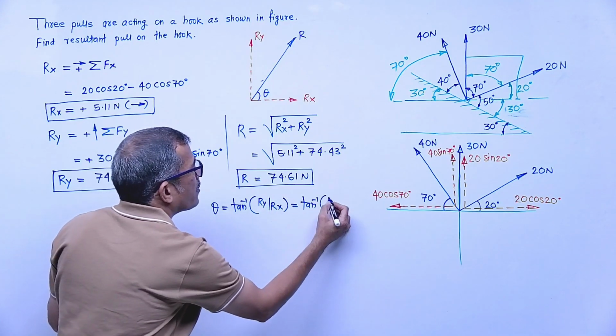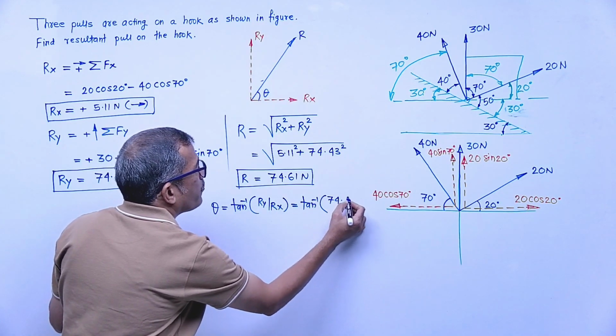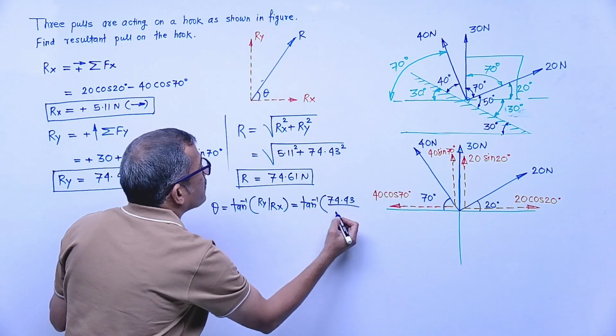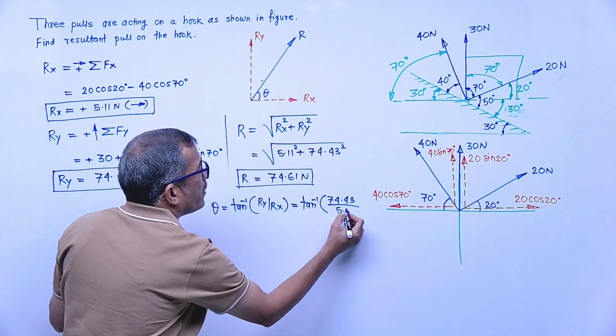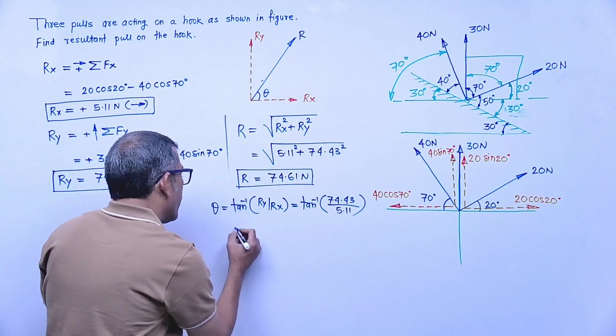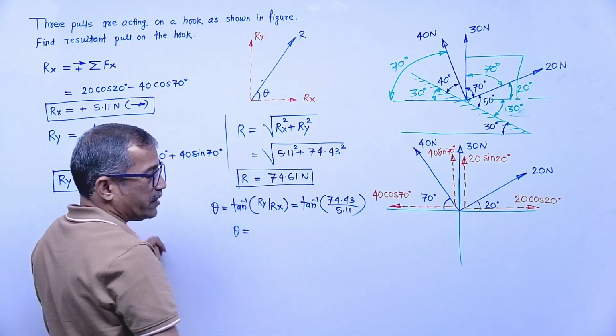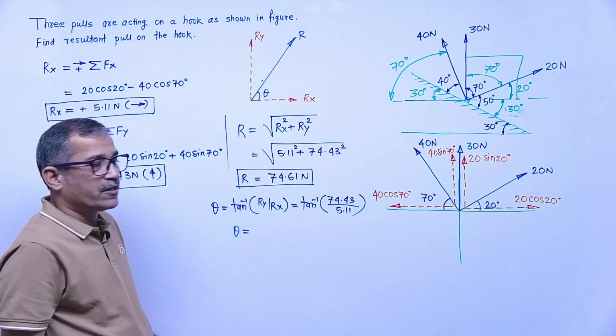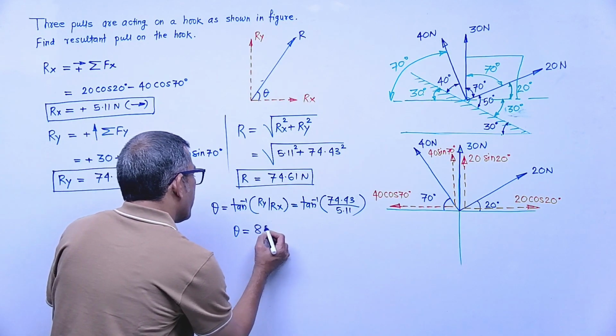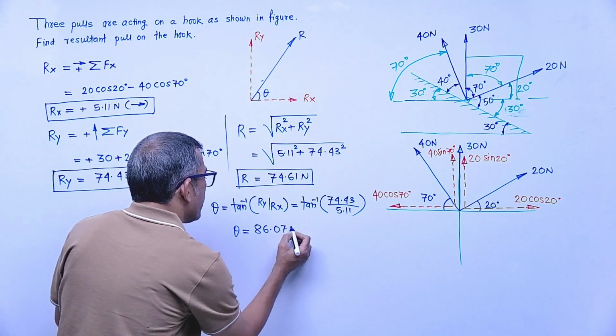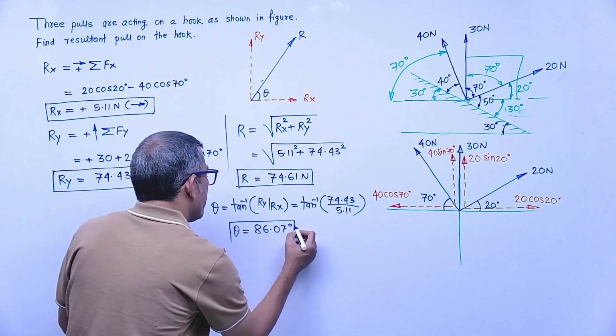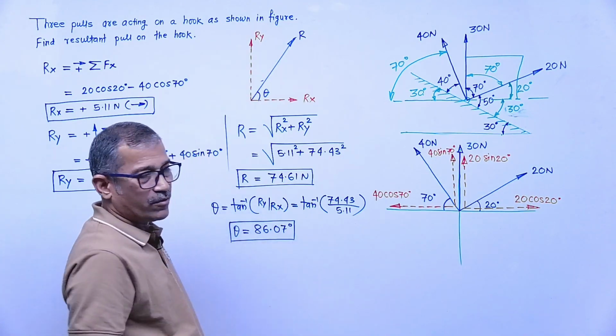Ry is what? 74.43. Rx is what? 5.11. Find out angle theta. 86.07. All of you are getting the same answer, 86.07. So this is nothing but the resultant force acting on the body.